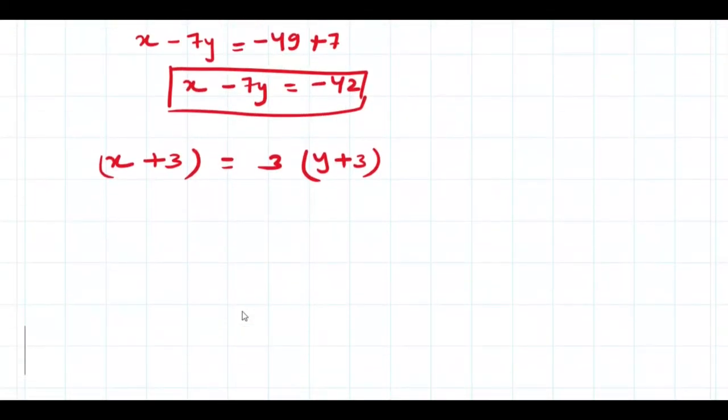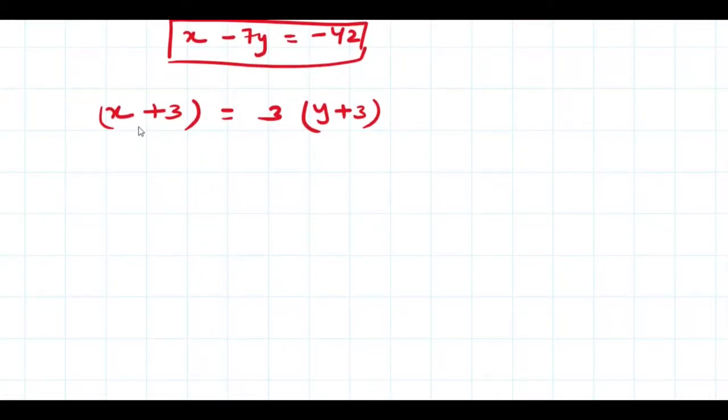Now simplify this equation. We have x plus 3 is equal to 3y plus 9. So take 3y from right hand side to the left hand side and plus 3 from left hand side to the right hand side. We have x minus 3y is equal to 9 minus 3.